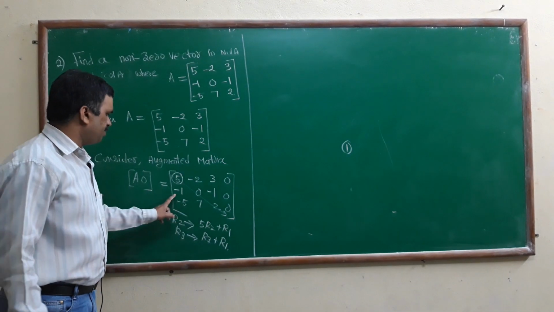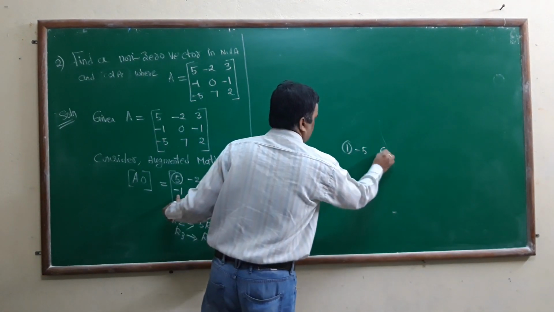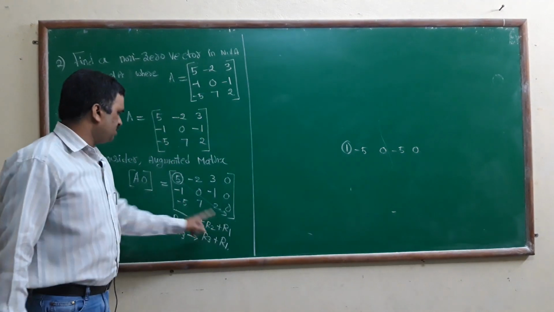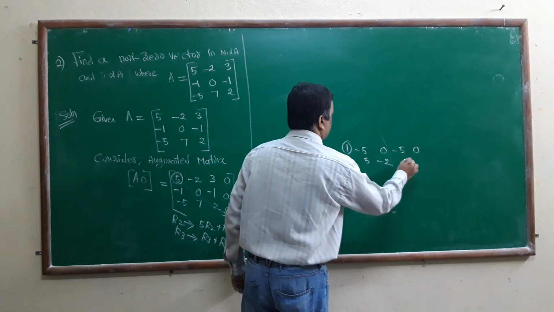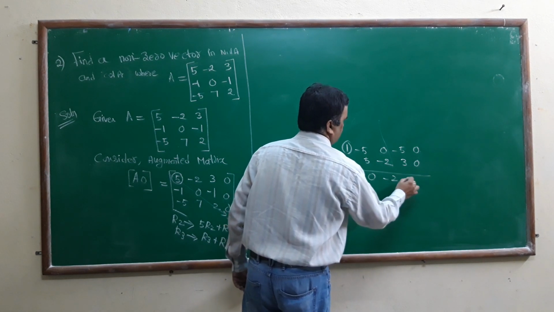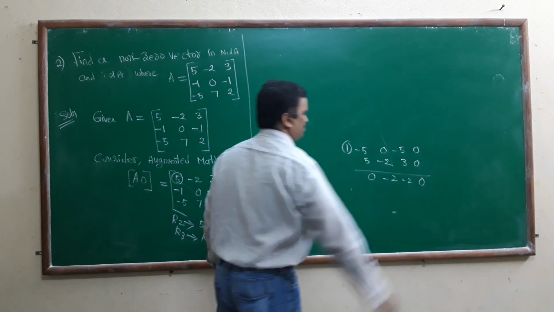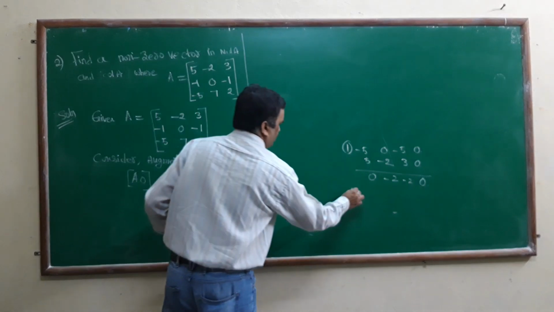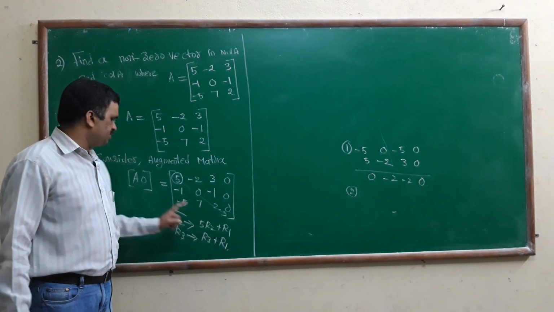5 R2: multiply 5 here, minus 5 0 minus 5 0, plus R1, first row as it is, 5 minus 2 3 0. Addition: 0 minus 2, 0 minus 2 minus 2 0. And similarly one more, we have R3 plus R1, just we can add it directly.